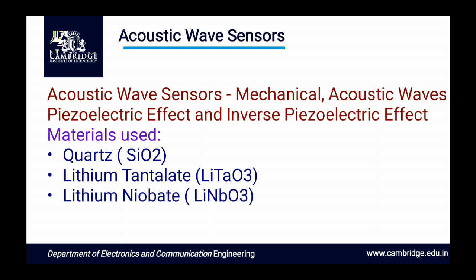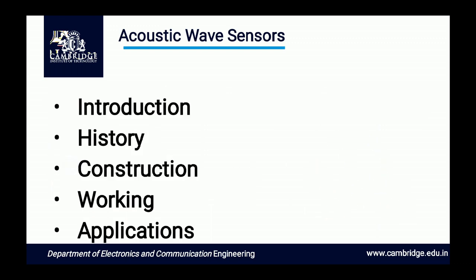So piezoelectric acoustic wave sensors work on the principle of both the piezoelectric effect and the inverse piezoelectric effect. The piezoelectric effect refers to the production of an electrical signal by the imposition of a mechanical signal. That is, when a mechanical stress is applied, it is converted into electrical energy.